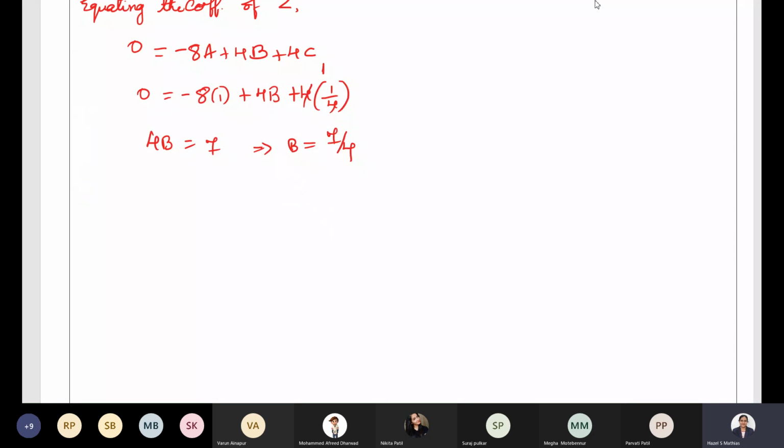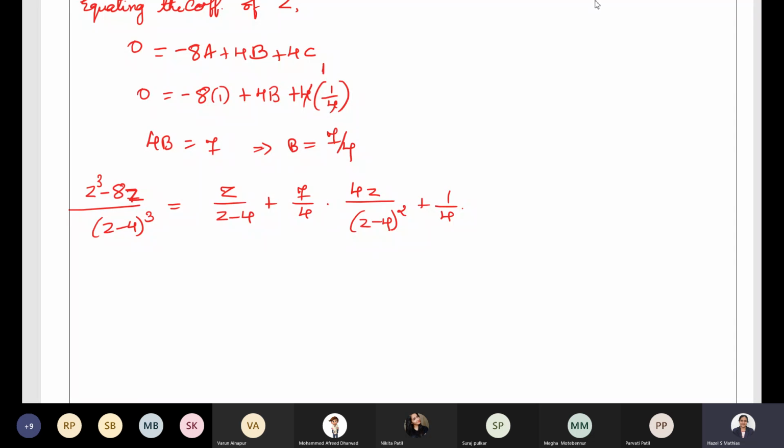It is z cube minus 8z divided by z minus 4 whole cube, that is equal to, a value is 1, so it is z by z minus 4, plus b value is 7 by 4 into 4z divided by z minus 4 whole square, plus 1 by 4 into, because c value is 1 by 4, 4z square plus 16z divided by z minus 4 whole cube. Now we have to find the inverse transform of the z transform of this.